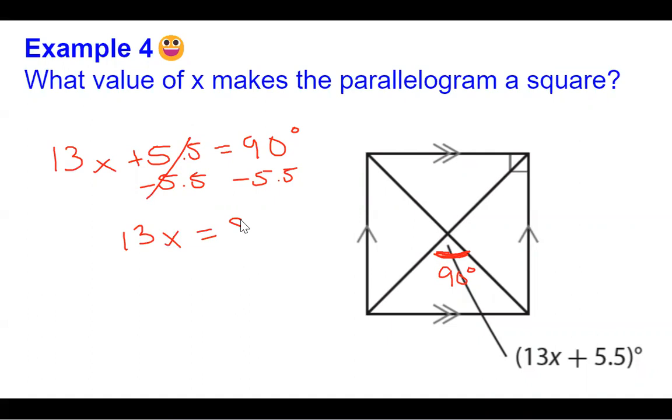You guys have calculators. 84.5 divided by 13. 6.5. So again, x must be equal to 6.5 in order for this beautiful parallelogram to be a square.